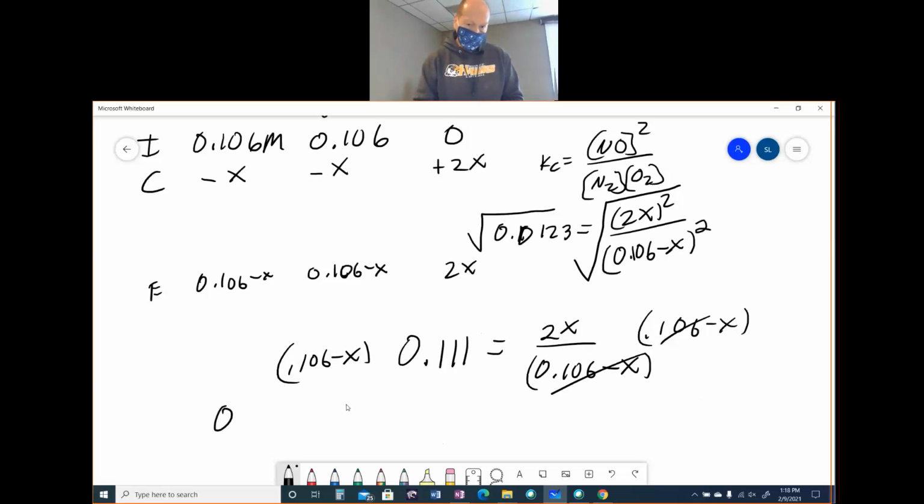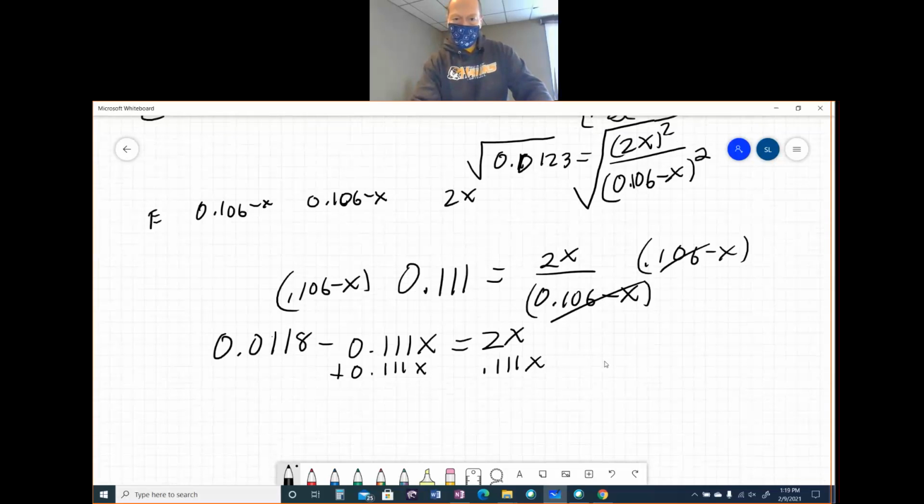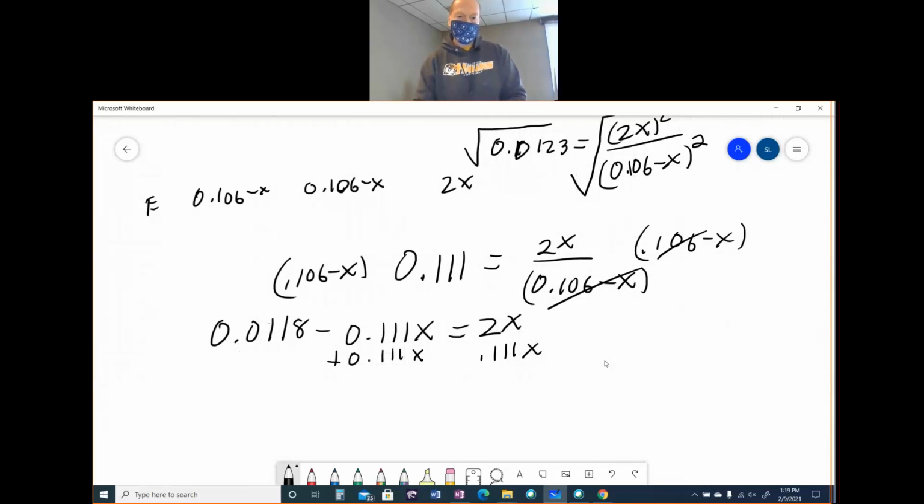And so you have 0.0118 minus 0.111x is equal to 2x. All right, I'm going to add 0.111x to both sides. And so I have 0.0118 is equal to 2.111x.